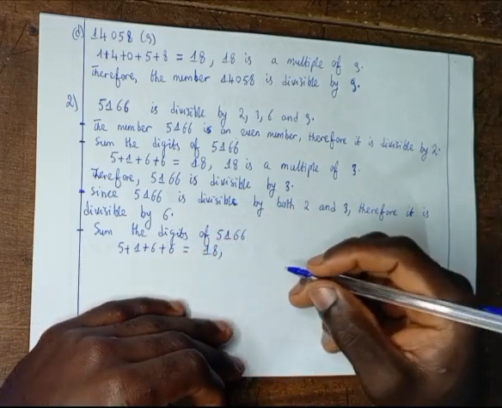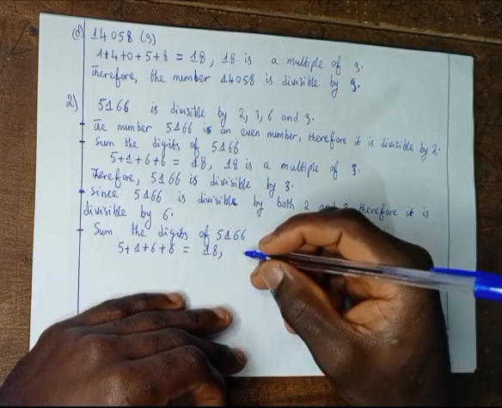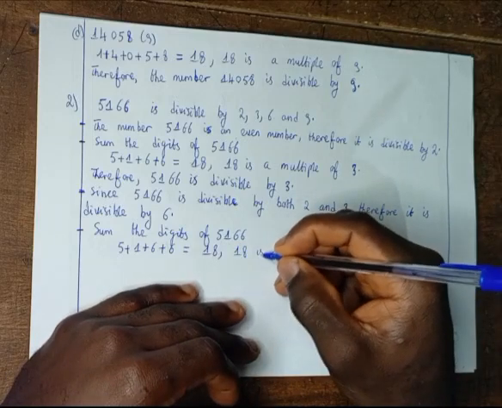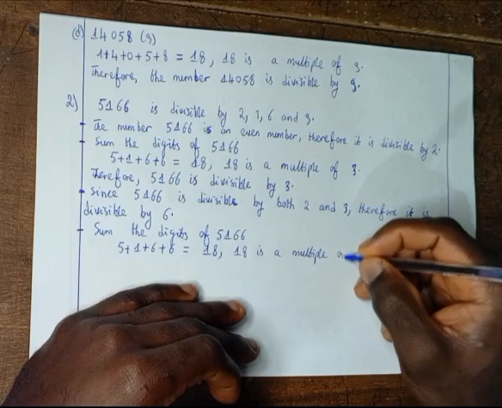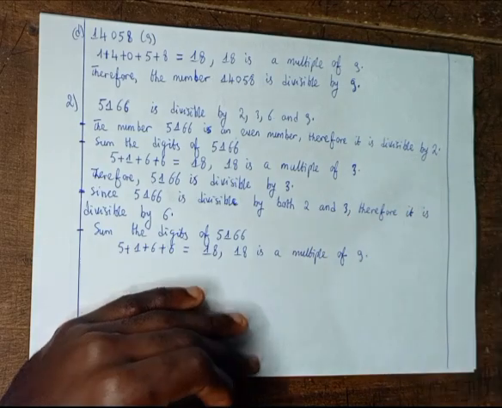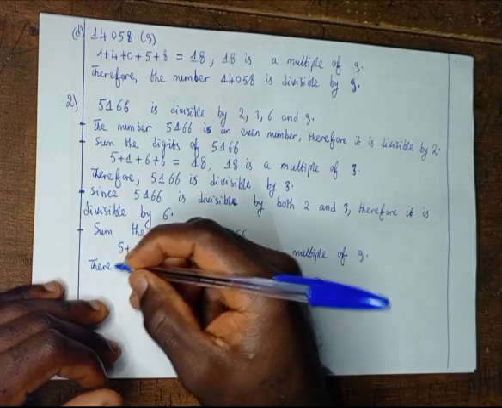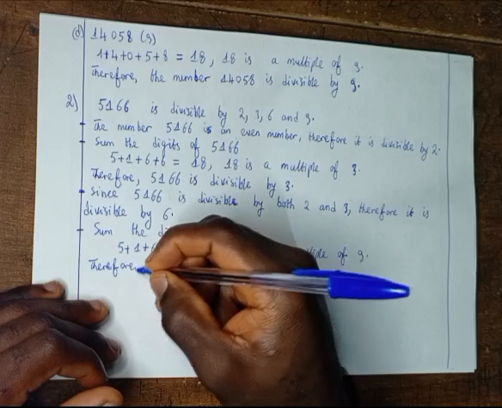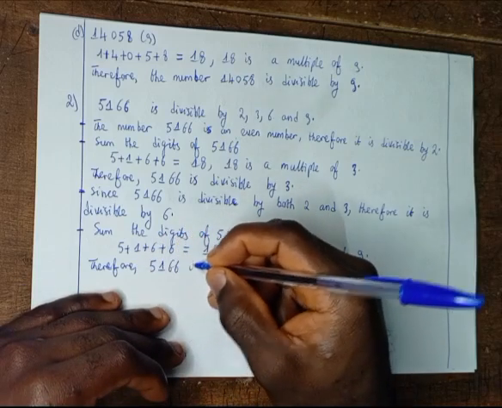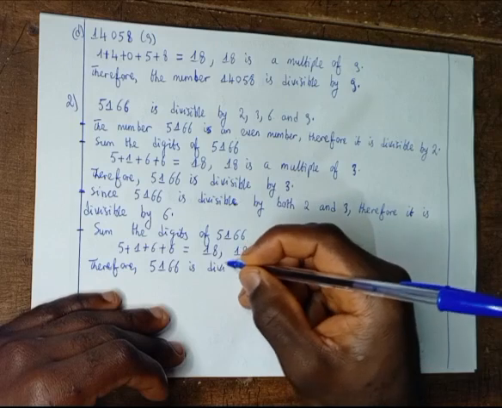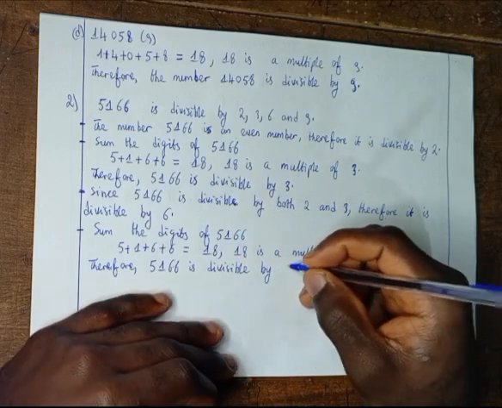And we know that 18 is a multiple of 9, since 9 times 2 is equal to 18. From here now we can conclude, therefore, the number 5,166 is divisible by 9.